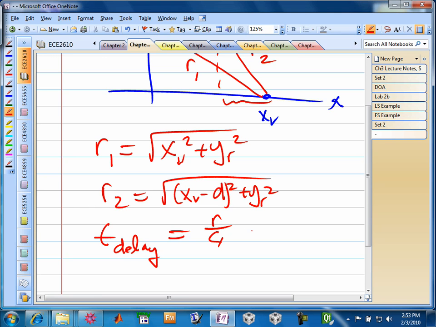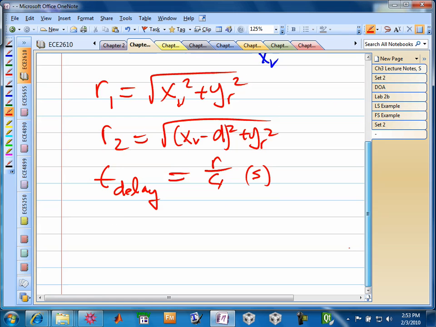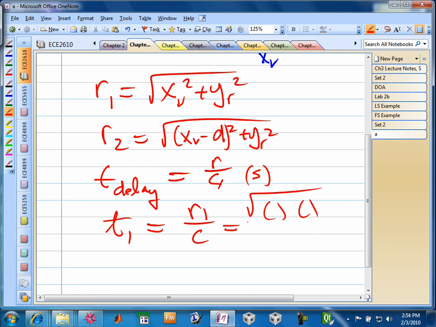So we just plug into this equation and we have time delay 1, which they ask you to solve for. T1 is going to be R1 over c, and R1 is this guy up above here over c. And you do this for the rest of the math and it all kind of comes together.